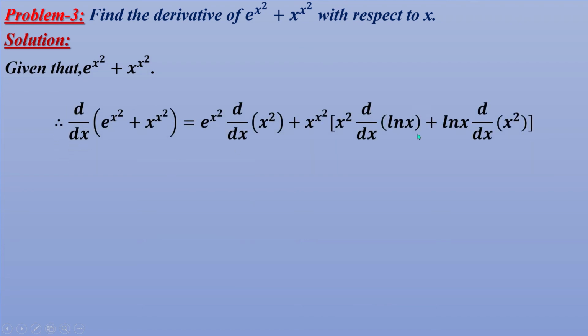Given this, so here this part, the base is variable, so we can write directly this, and here this part x to the power x squared. At first we have to take the power, then the derivative of ln x plus ln x fixed, and then the derivative of this part.